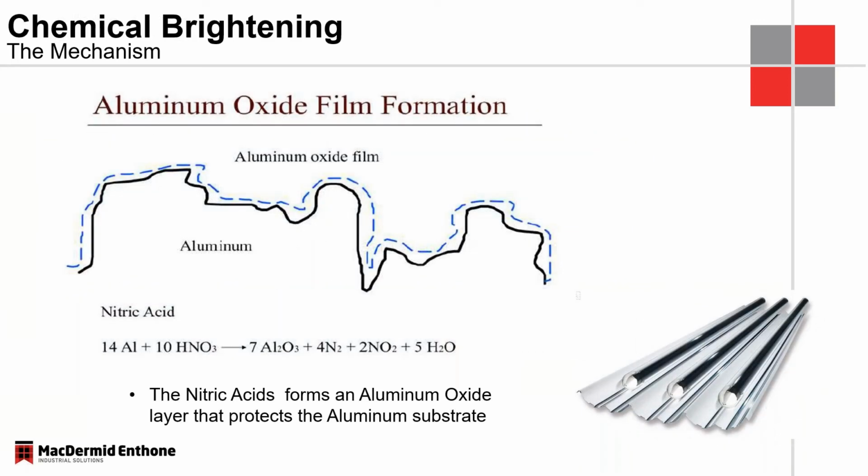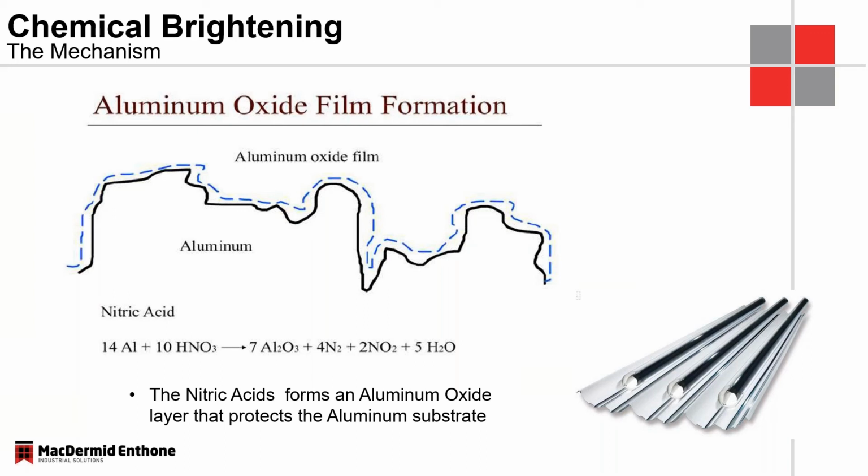When we look at chemical brightening as a process and the mechanics behind it, there are two competing actions. When we look at the formulation, we have nitric acid, we have phosphoric acid, and some metal brighteners.